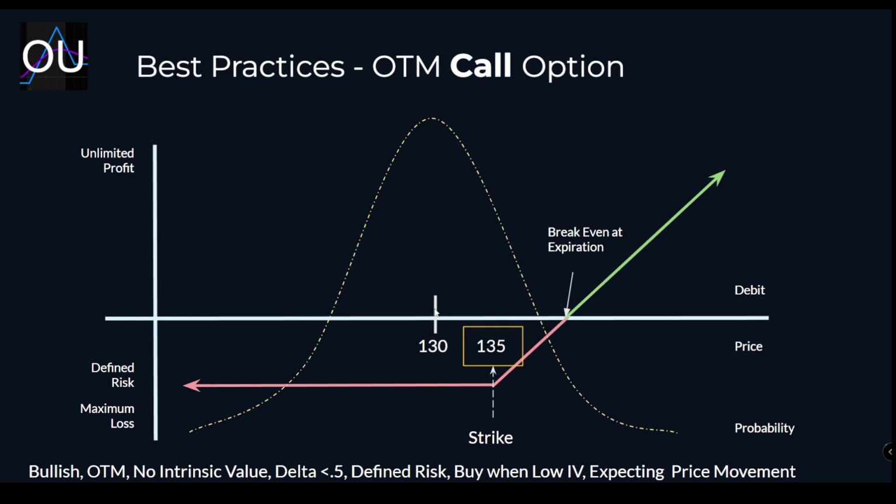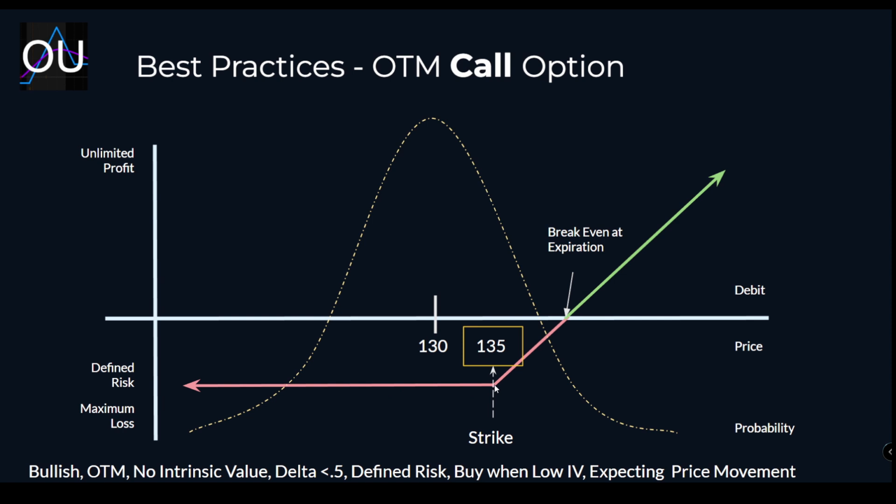This line indicates the current price of 130. This is an out of the money call option that you buy to open at the 135 strike. This graph is showing you that because you paid a premium, this red arrow is your defined risk.